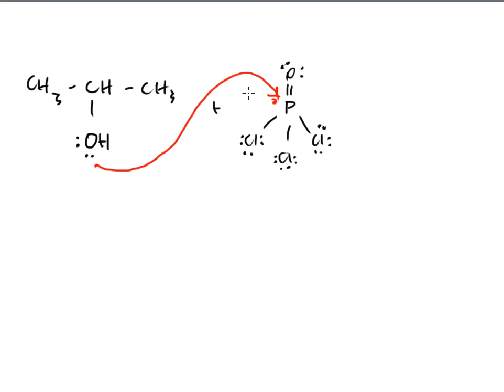And phosphorus at this point says, oh, no. I can only tolerate 4. I mean, 4's enough. I can't do a 5th. So this phosphorus looks at what it has at this point, and it sees 3 chlorines and an oxygen.